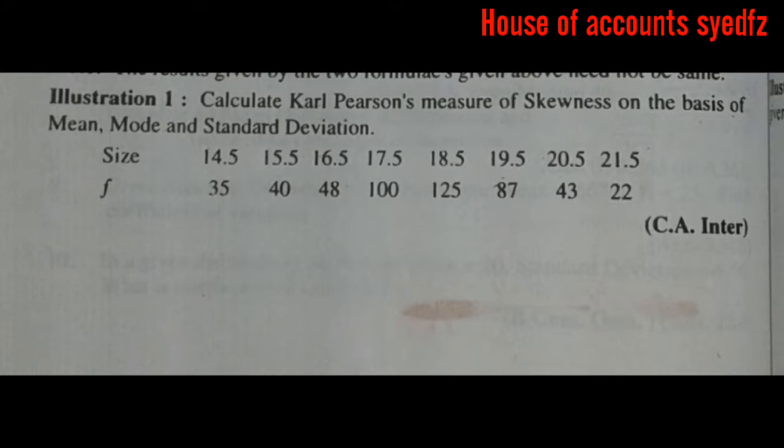If it continuously increases, that is not frequency, that will be cumulative frequency. But once it reaches a peak and fluctuates, that is known as frequency. Okay, let's start the solution of this illustration.